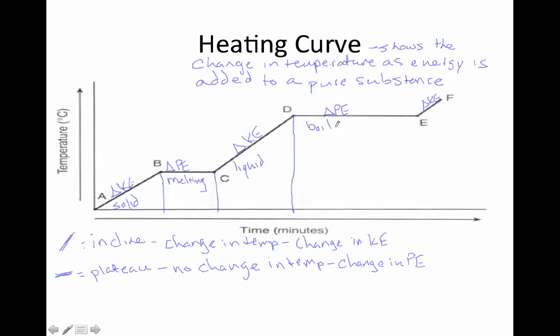What's actually happening when the substance is boiling is all of the energy that you're adding is used to completely separate the forces of attraction between those particles. And that requires a lot of energy. And then the last part is that it's a gas. And you could continue heating that, and you'd just see the temperature continue to increase. So plateaus really signify changes of state.